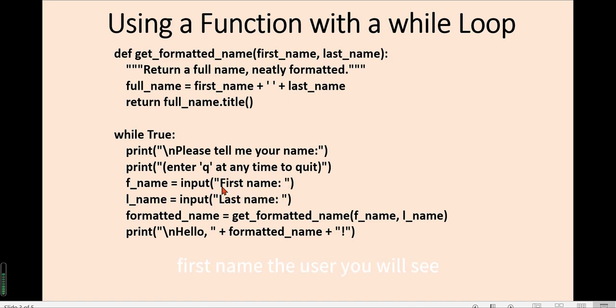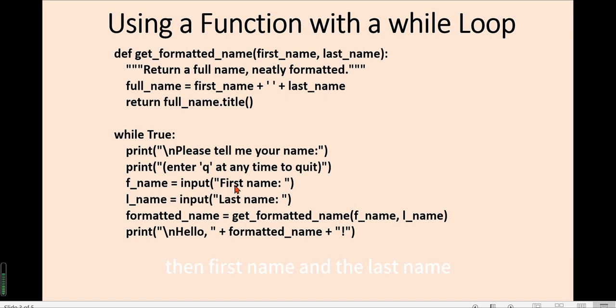The user will see the prompt of first name, then will enter his or her first name here, and next the user will see the message last name and will enter his or her last name here.